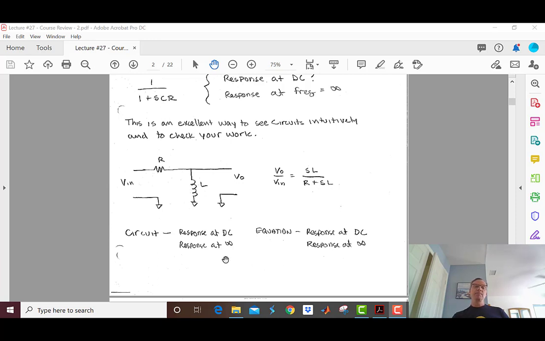And again, that agrees with what I got from my circuit. So asymptotic analysis is a very, very useful tool. On the final, and I believe on exam 2, there are places where I asked, show me that this is true. And asymptotic analysis, that's your tool for DC and infinity.